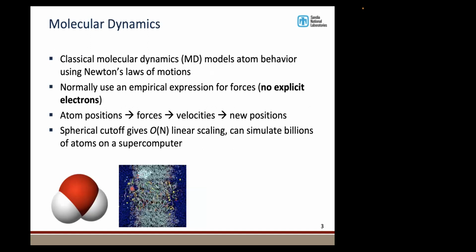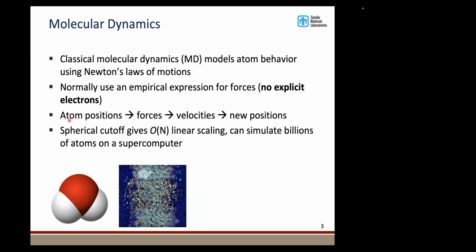Okay, so here's just a really high-level overview of molecular dynamics. Classical molecular dynamics models atom behavior using Newton's laws of motion. What classical means is that we're neglecting electrons, and we typically use an empirical expression for forces.